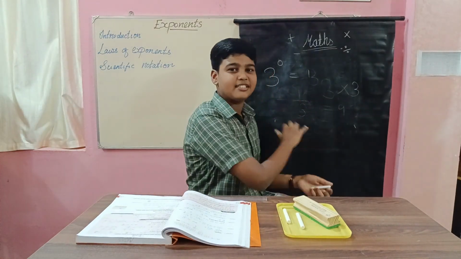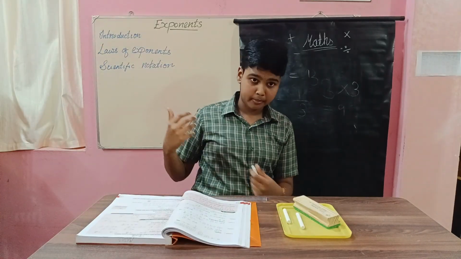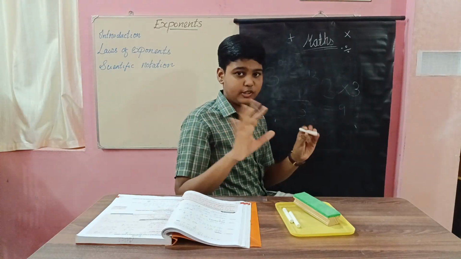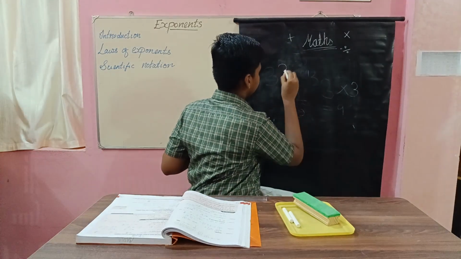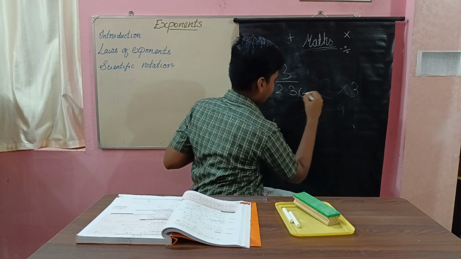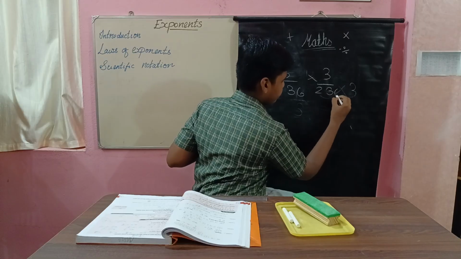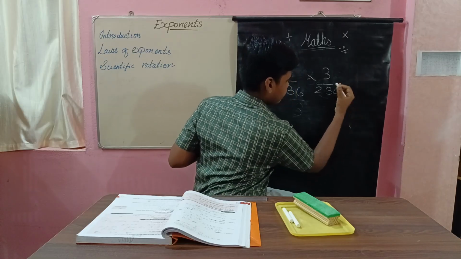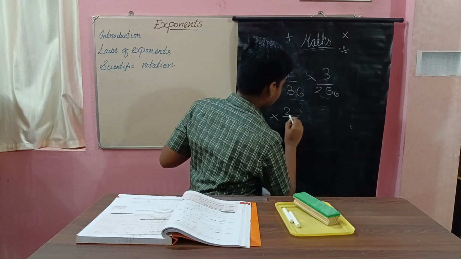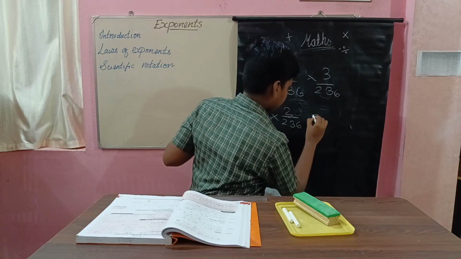But here I must not explain why, because when we go to the laws of exponents, we'll be learning about it. Okay, now let's learn how to solve simple equations. The first one is (3 by 236) to the power of 3.